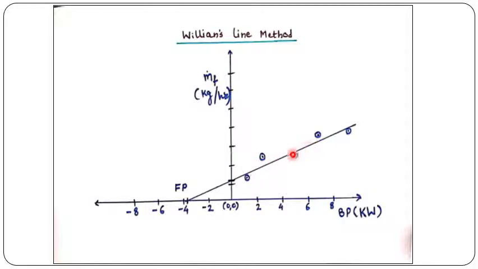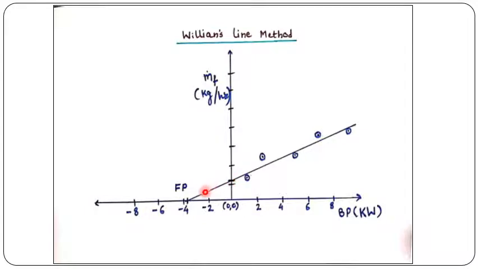When you extend it in the negative direction, it will first cut the y-axis. Whatever value of fuel consumption you get where the line cuts the y-axis is the fuel consumed in overcoming the friction during idling condition.